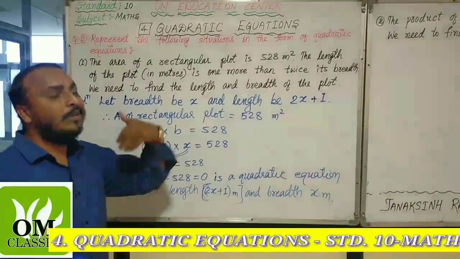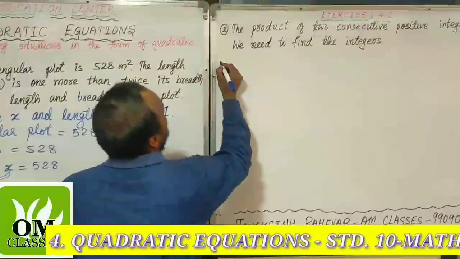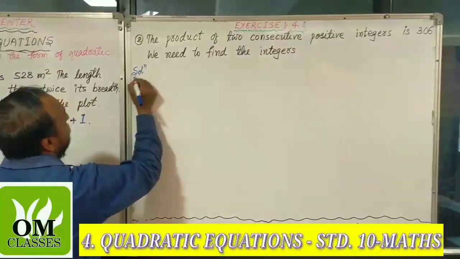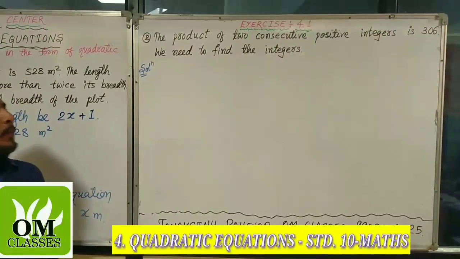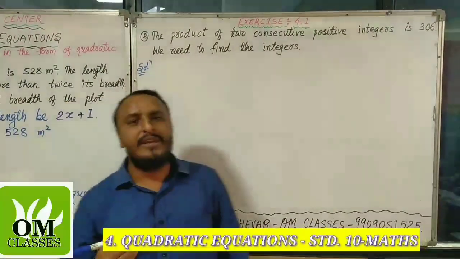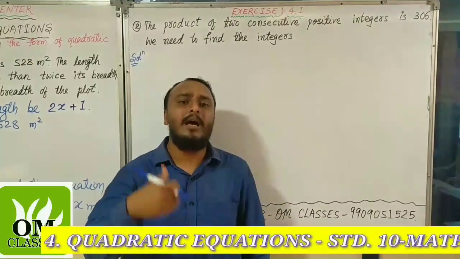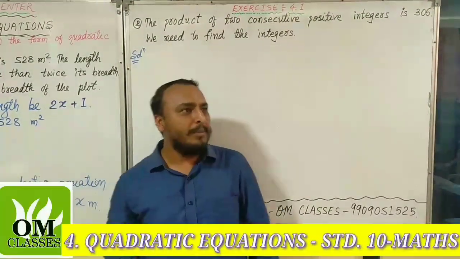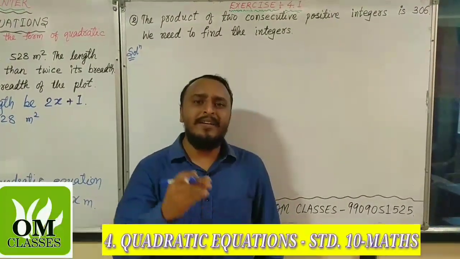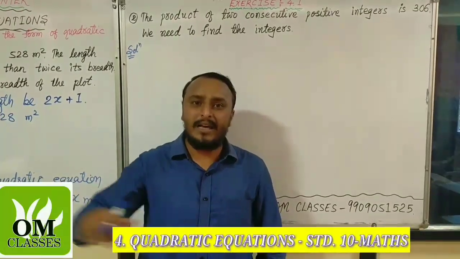Now let's move to the second question. Solution. The product of two consecutive positive integers. Now what are consecutive? Consecutive मतलब लगातार आने वाले नंबर. For example, if we talk 7, 8, 9, 10 लगातार नंबर है.